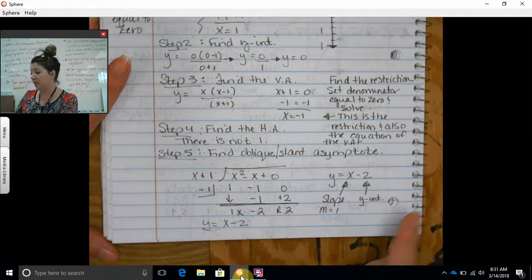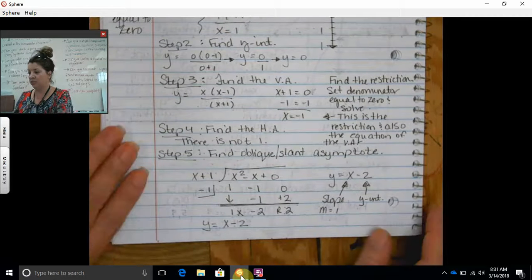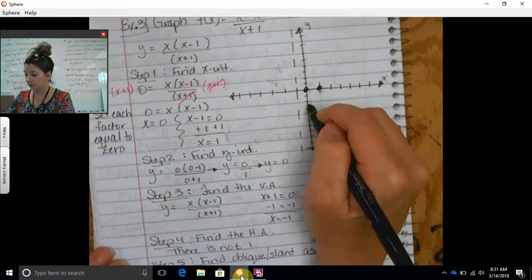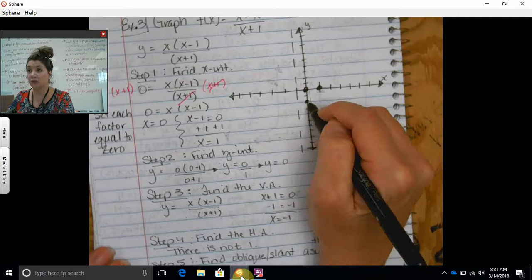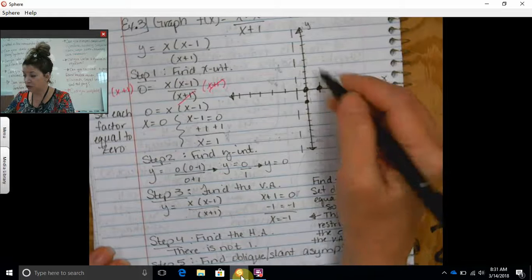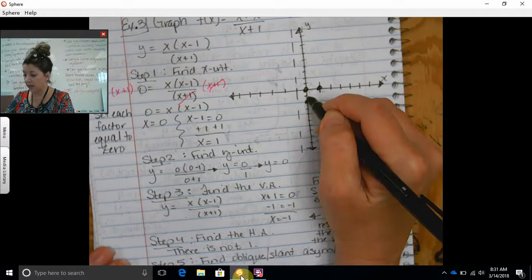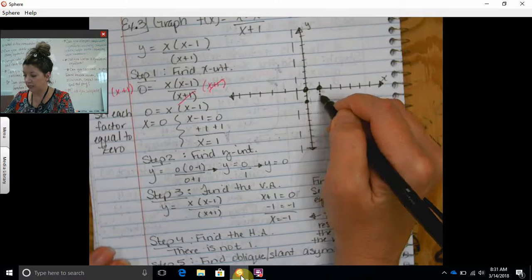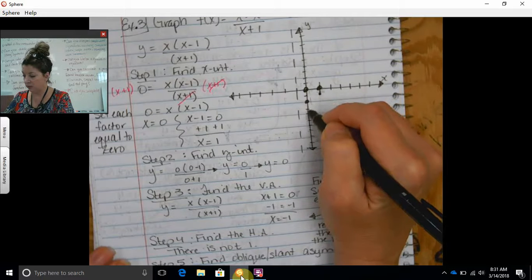But when you're graphing a line, you start at the y-intercept, which is negative 2. This is the y-intercept for the line, not for the whole thing, okay? The slope is positive 1. So if I go up 1 to be positive, do I go left or right? Right. If I go down 1, I would go left 1.